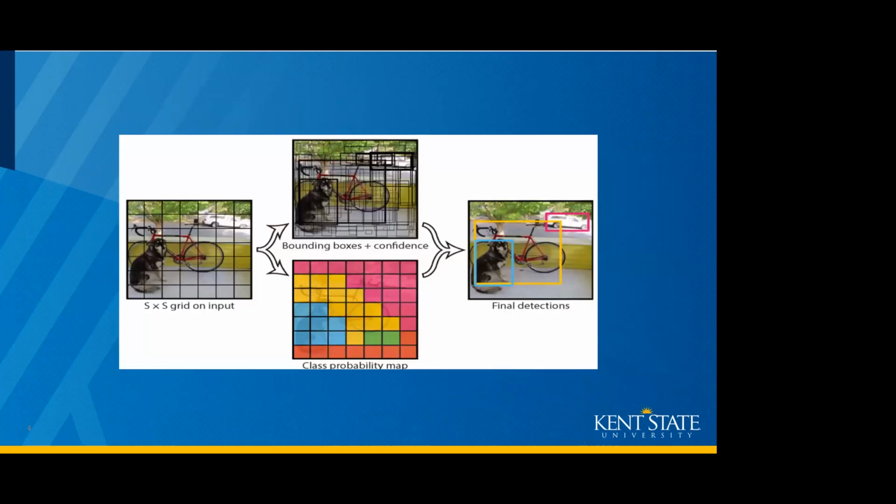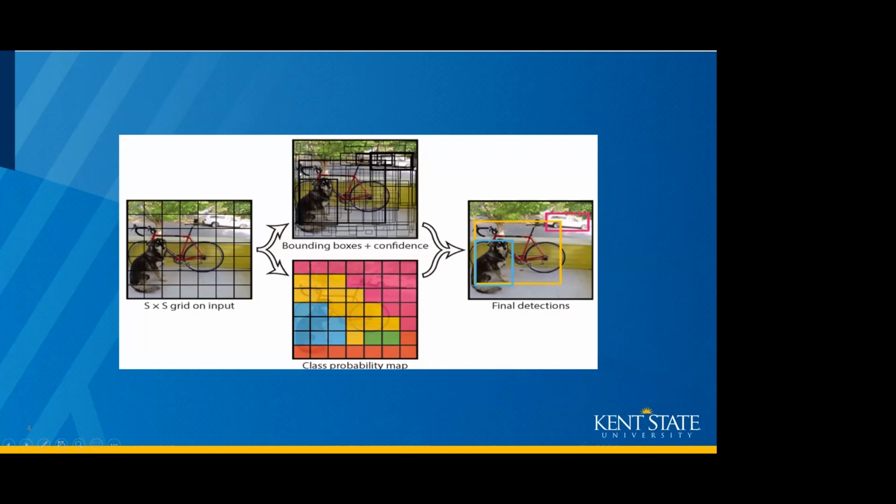And now, here we can see this as an example through a grid with a picture of a dog, a bike, and a car in the background. The bounding boxes here, so there's different boxes for everything, and it differentiates which ones are which.